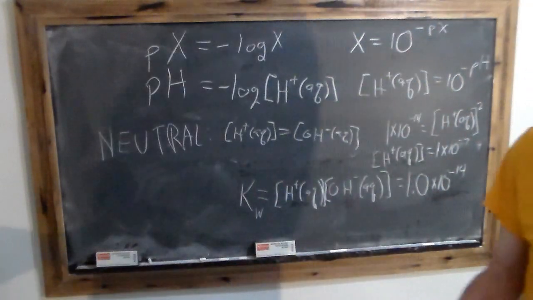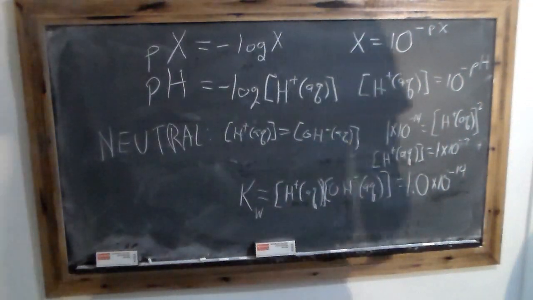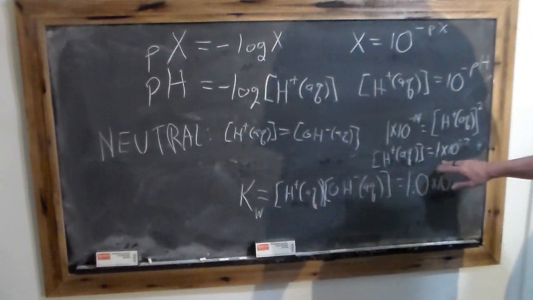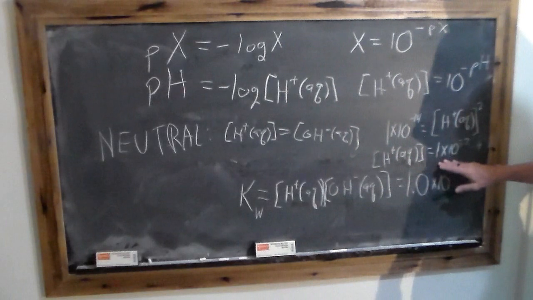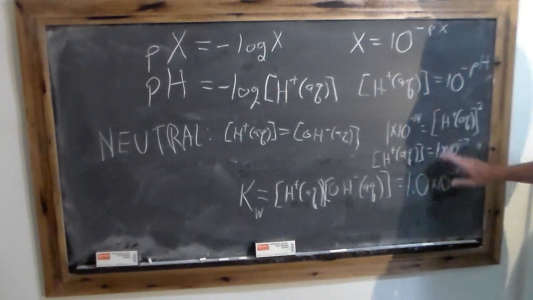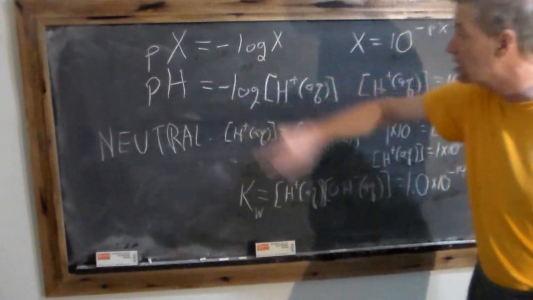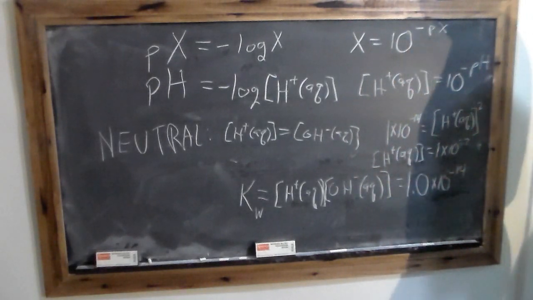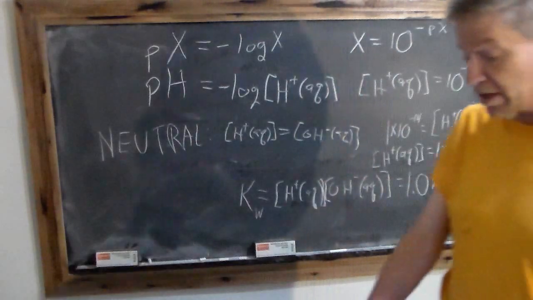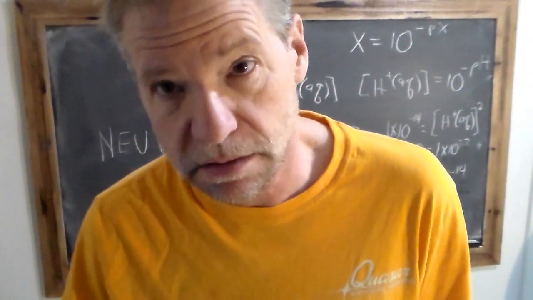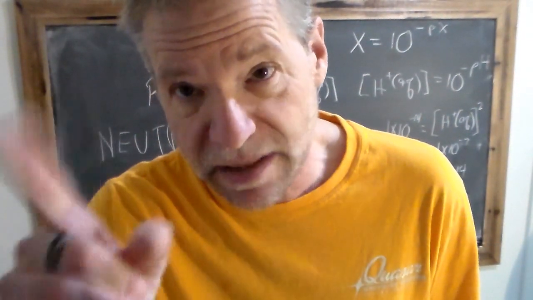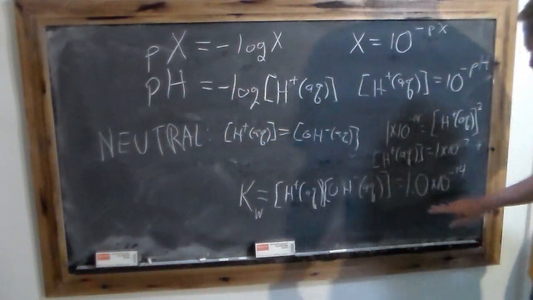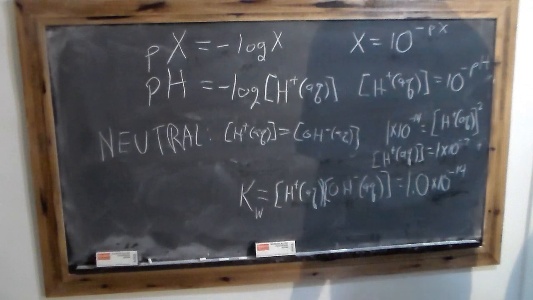What is neutral in the pH scale? It's 7. If you take the log of 1 times 10 to the negative 7th, you get negative 7. But we're going to reverse that sign. This simply becomes 7. That's why neutral in the pH scale is 7. Mathematically, it becomes 7 based on this experimental value.